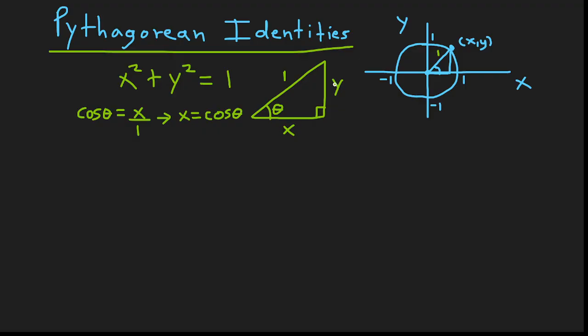And then likewise, we do the same thing for y. We're going to say that sine of theta equals y over 1. Getting my words mixed up here. So that's just going to imply that y equals sine theta.